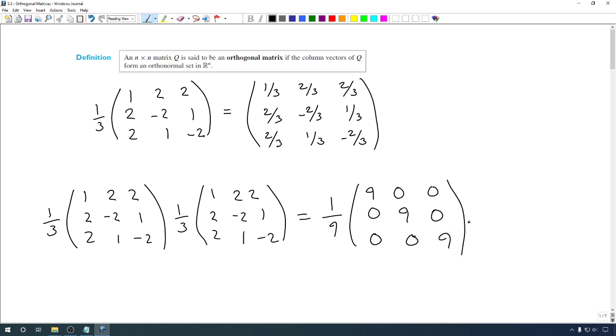And I'll leave it to you to actually show that all the other ones do work out the way I claim. Now, of course, it doesn't look like we had the identity matrix, except we have the 1/9. So when we bring the 1/9 in, it changes all those 9s into 1s. And we have the identity matrix. That's what we wanted.